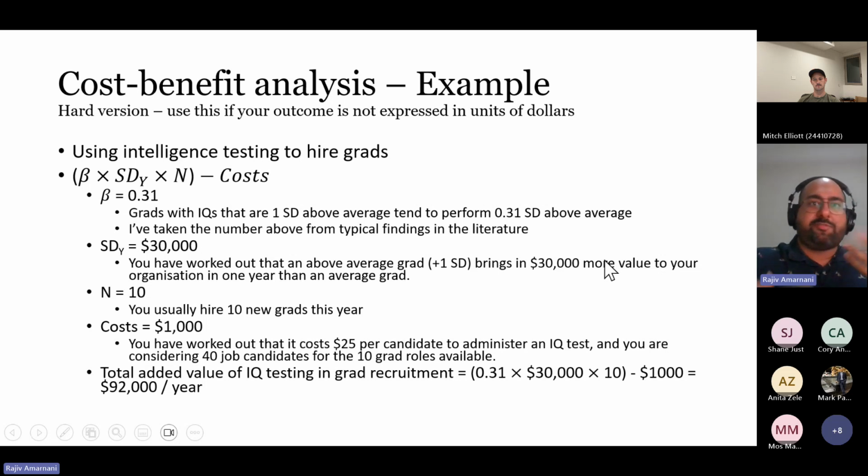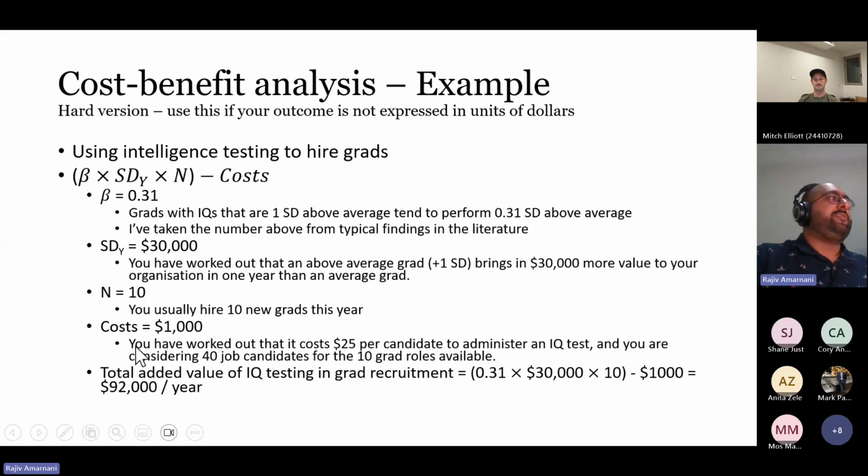You can do this based on the 40% metric. You can do this by asking managers of these grads, like, hey, how much does someone above average bring? What is their value in terms of money saved, in terms of work that gets done, and so forth, approximately. And you're hiring 10 grads a year, so this affects 10 individuals.